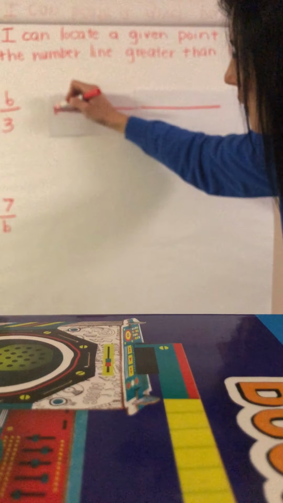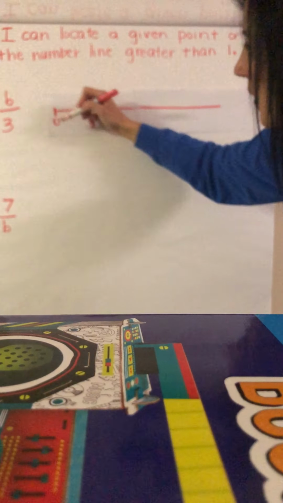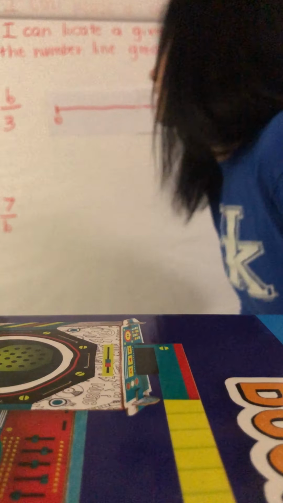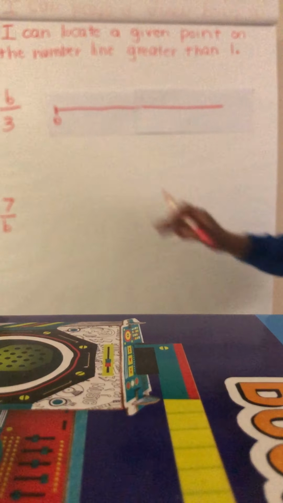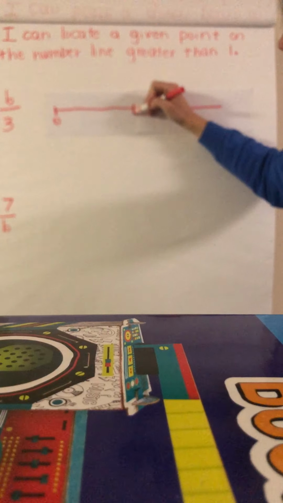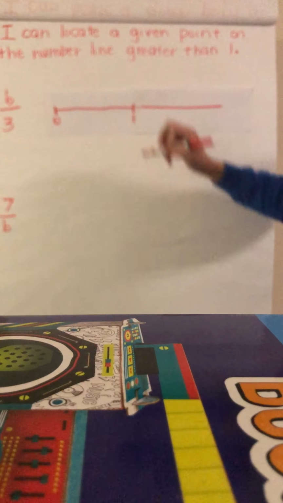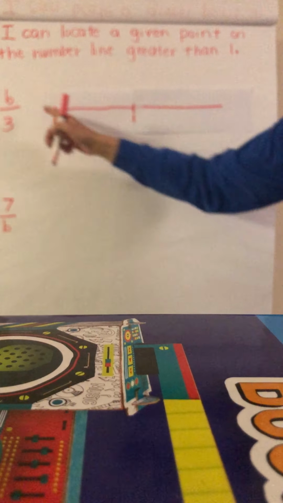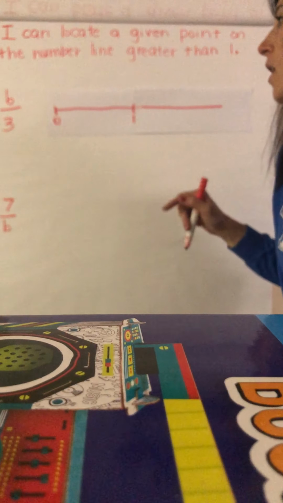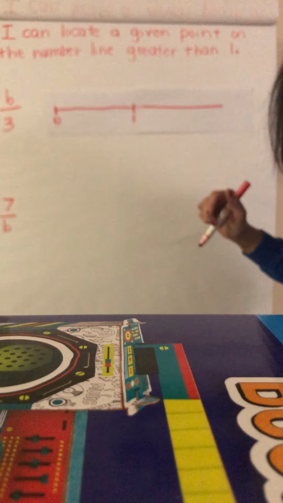First of all, I'm going to start off with a 0 endpoint. We know that we are going to start at 0 and work our way over. So first I'm going to partition to 1. If I look at my fraction, this tells me a lot about what I need to do to my number line.